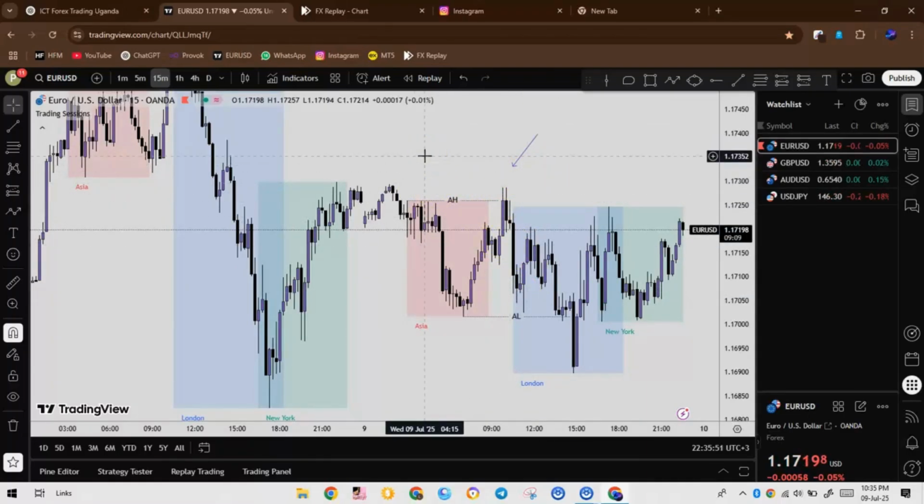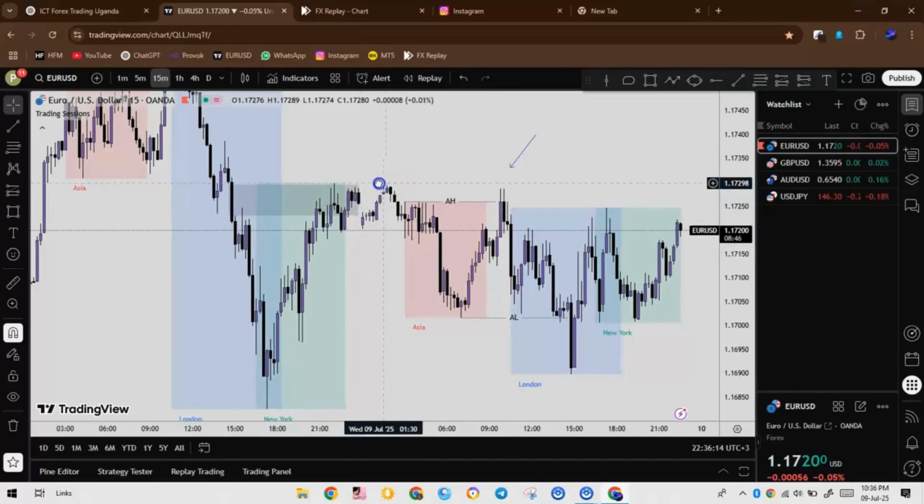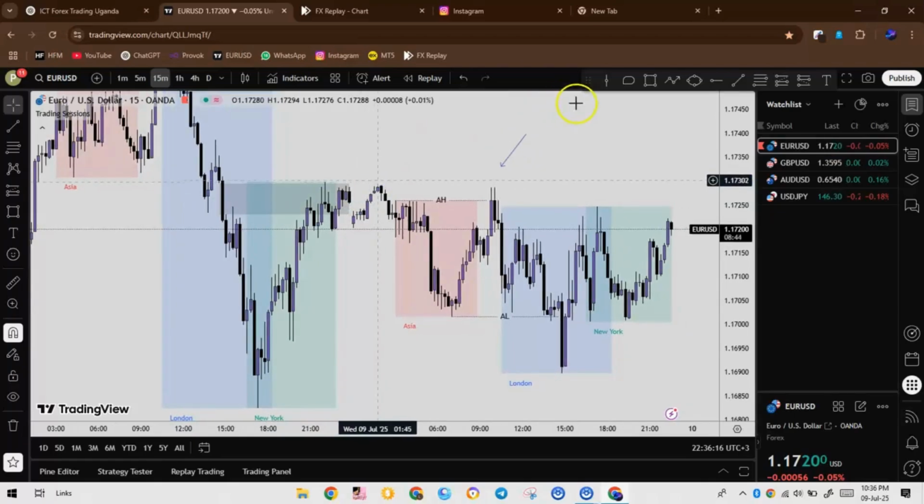So now to take these shorts, I didn't just enter for a trade. Remember, as I told you, you need to be in a point of interest. Which point of interest do you think I had here? The point of interest I had was this fair value gap. As you know, when a fair value gap is filled, let me show you here, it leaves behind a zone of supply and demand in the market.